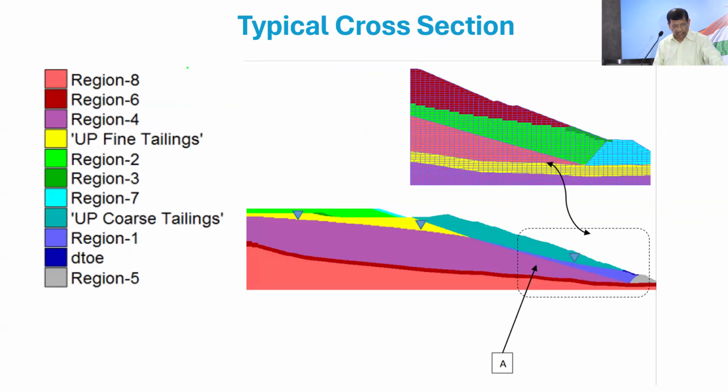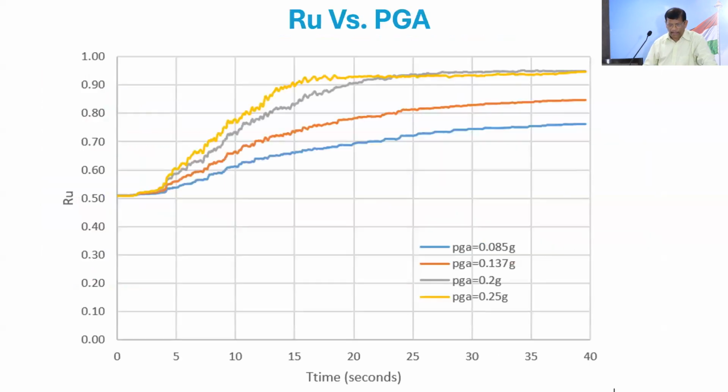That's why it's called above the water table fine tailings, and also above the water table coarse tailings. So the same zone is a coarse zone, but it depends on whether it is above or below the water table. This is a very important concept. That's what we first check.